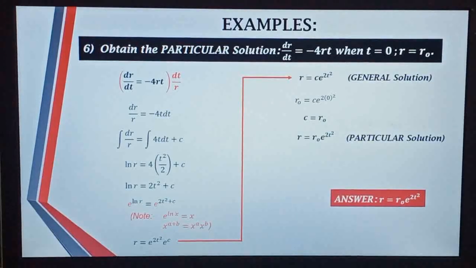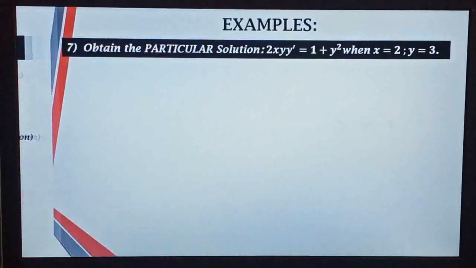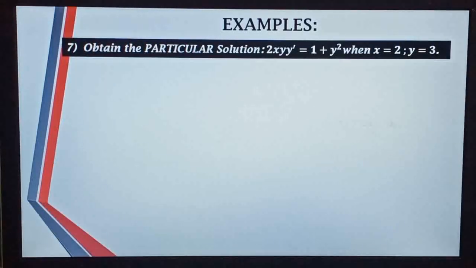Let's go to the next example. Example number 7 is we have to obtain the particular solution of the given 2xy y prime equals 1 plus y squared when the value of x is 2 and the value of y is 3. So papalitan natin si y prime ng dy over dx, then all we have to do is to separate the equation by x and y.